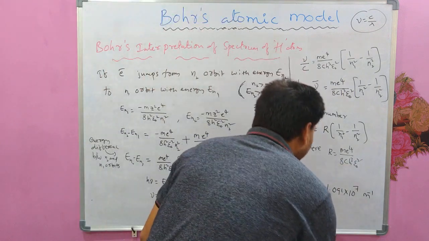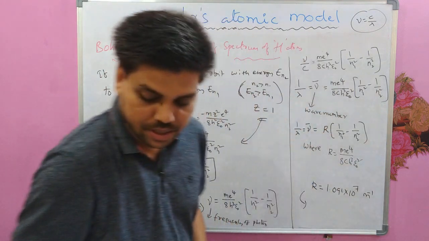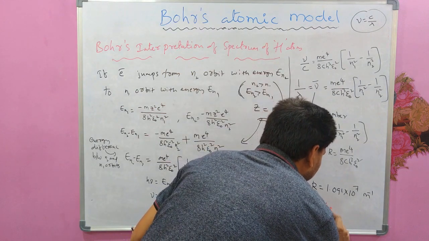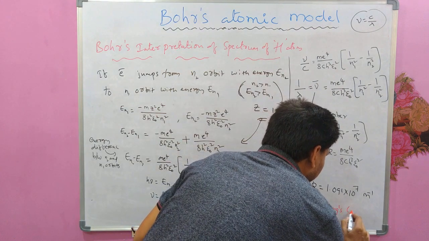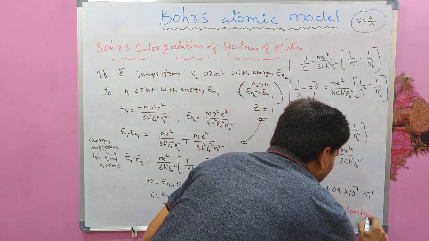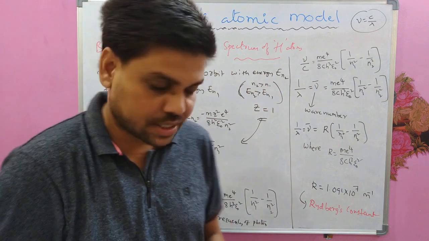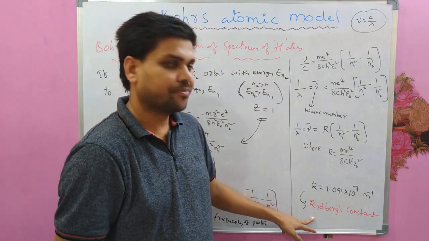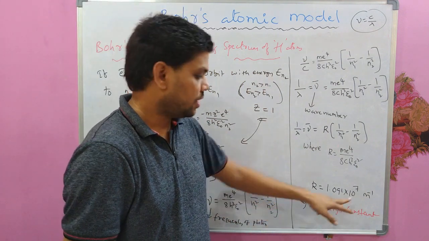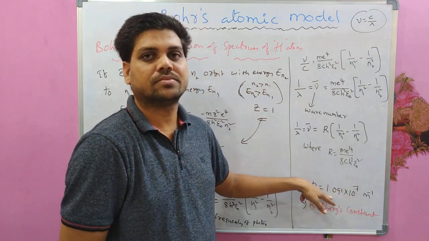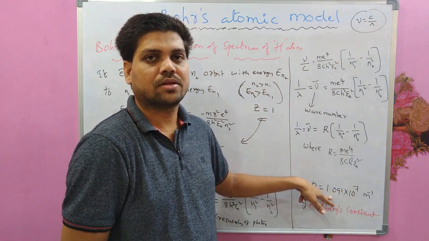What is this R? This R is Rydberg constant. This is very, very important. R is called Rydberg constant, and you have to remember this value. Okay?